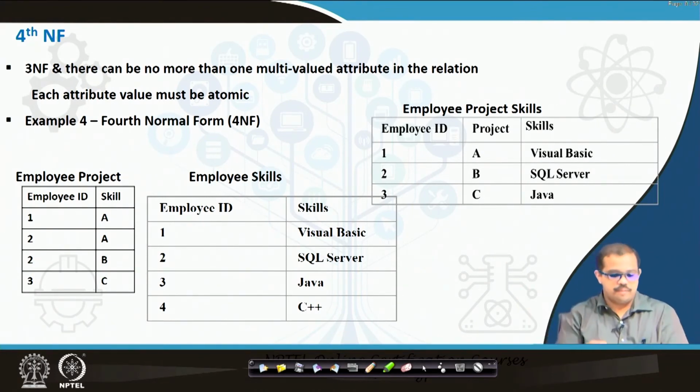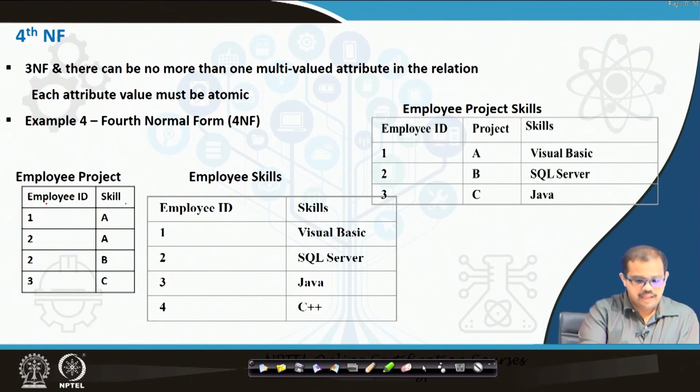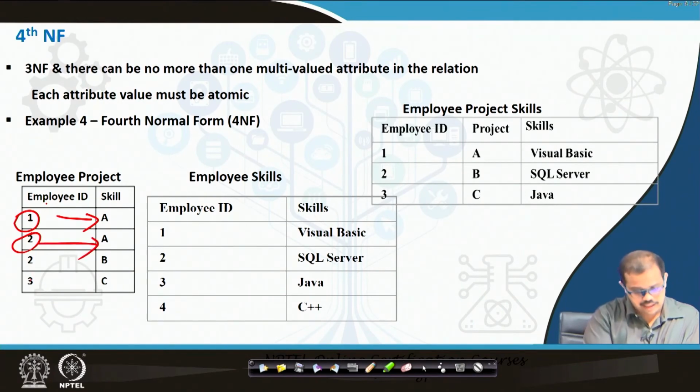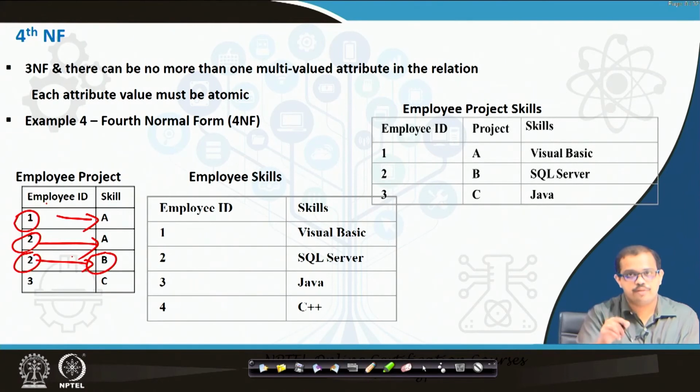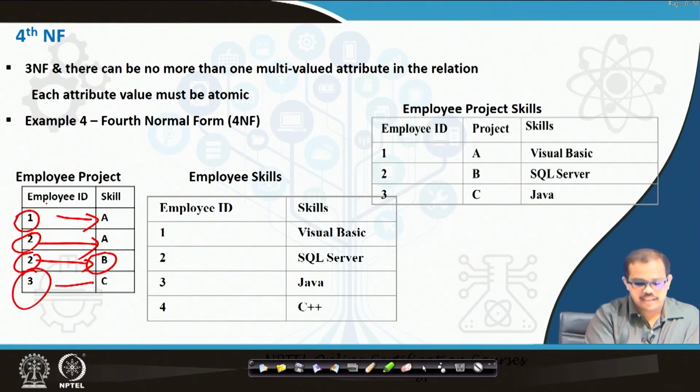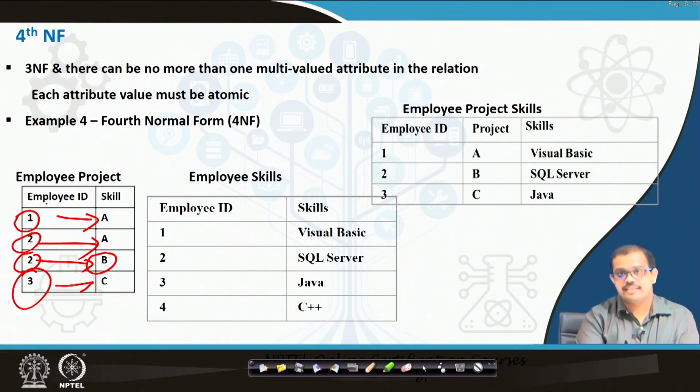We will develop another table which has only employee ID and the skill, which means to say that employee ID number 1 has a skill A, employee ID number 2 again has a skill A, 2 also has skill B, which means it is a multi-valued function here. Okay. And Y is functionally dependent on X. Then employee ID 3 has a skill C.